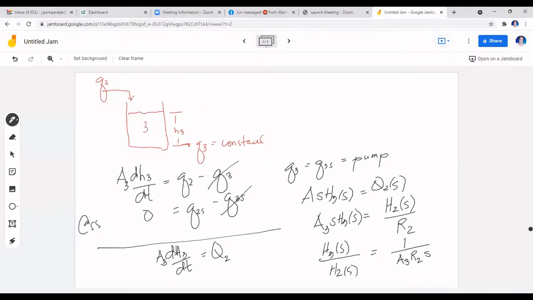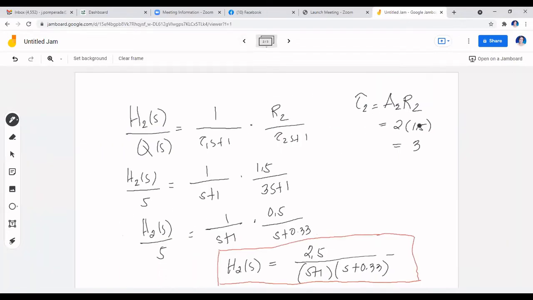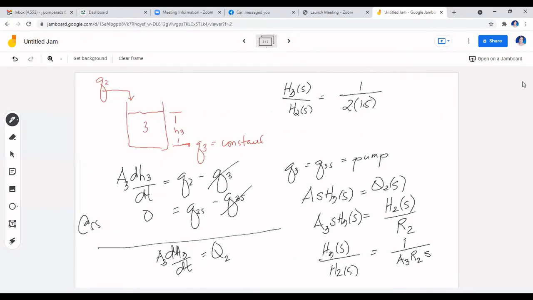So in that case, placing it here, the final form, H sub 2 of S, that would be equal to 1 over your A, which is 2, and your R2, which is 1.5. We had it a while ago to be 1.5. Okay, in here. And we have S. So this expression then, or I place it here, would be equal to 1 over 3S.